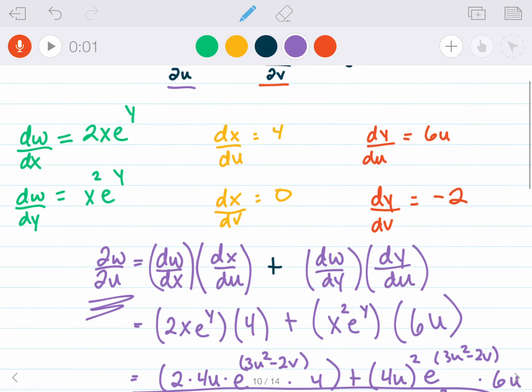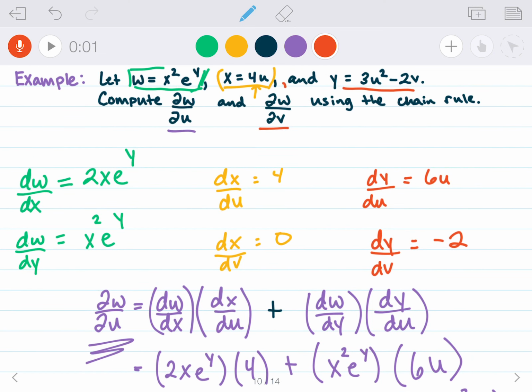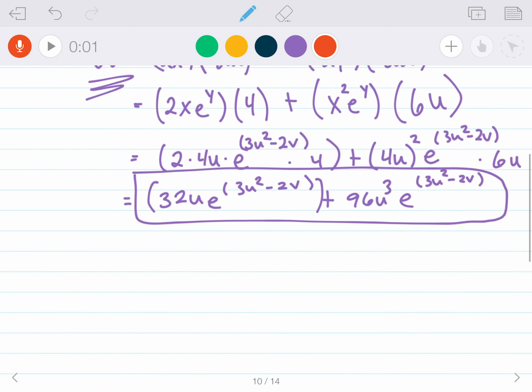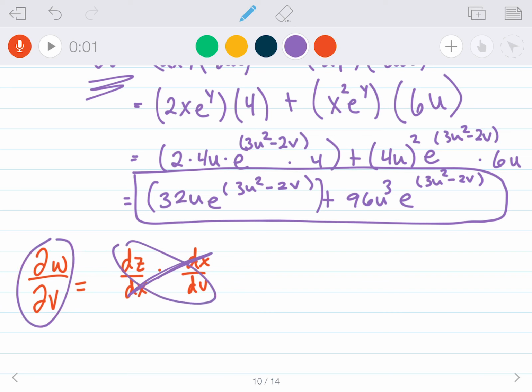Okay, let's do the other one. So now we have the partial of w with respect to v. First my x's. So I have dw dx, and I want the x with v, so dx dv. Again, you can see this cancellation, which is what I like. And then plus the y's.